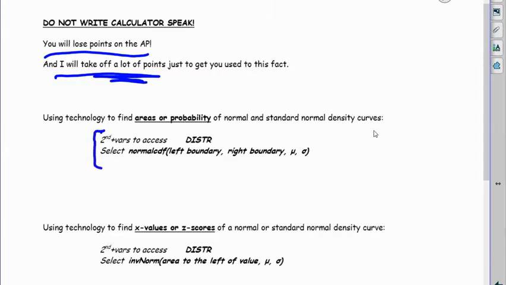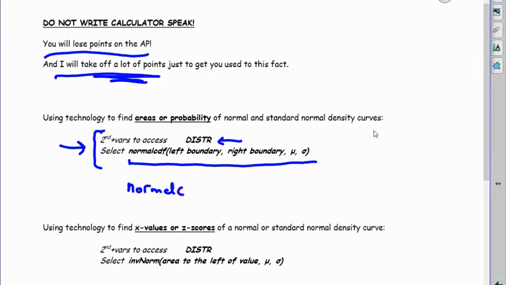It's under second vars to access the distributions. And you would use normal CDF, left, right, mean and standard deviation. If you leave off the mean and standard deviation, it will assume that you have a standard normal.